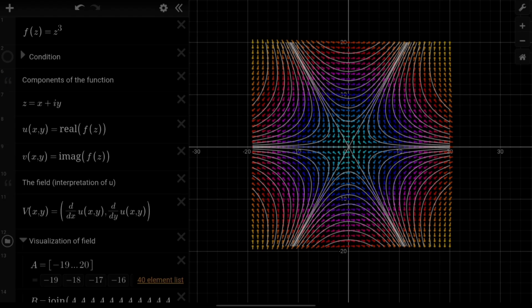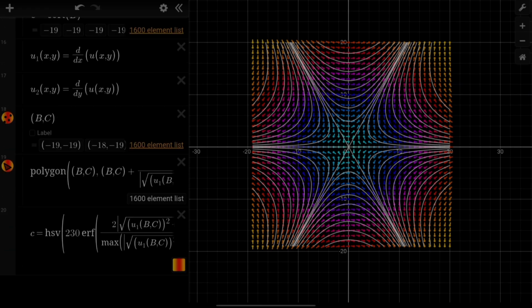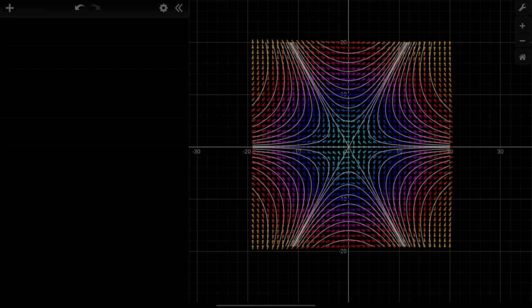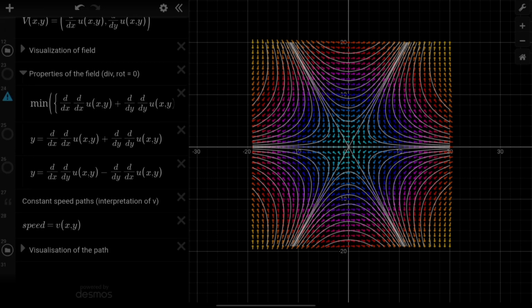If it is equal to 0, then it is analytic. Here I have the components. I visualize the field, and it is very fascinating. Here we have the properties, so we check that they are true for our field. And as you can see, they indeed are equal to 0.